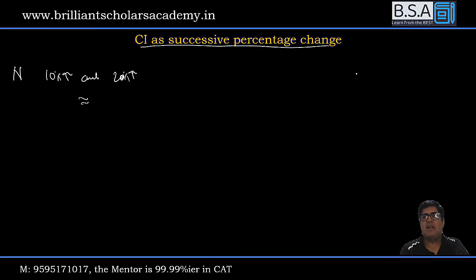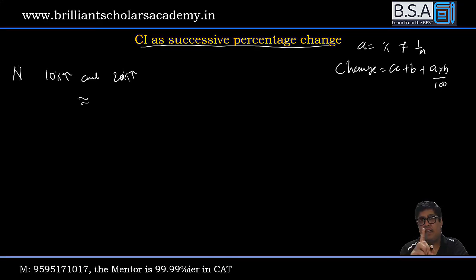So the formula for the change is A plus B plus A into B upon 100. A must be in the percentage form. You cannot write it as a fraction. The formula is made for percentage form. B also must be in the percentage form.